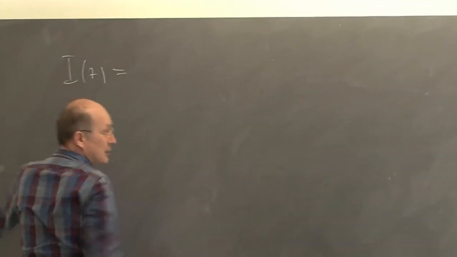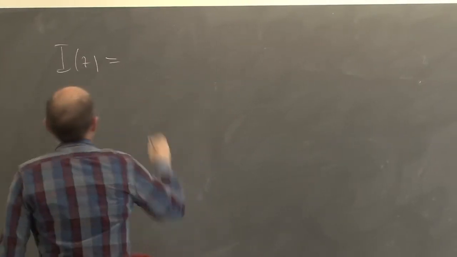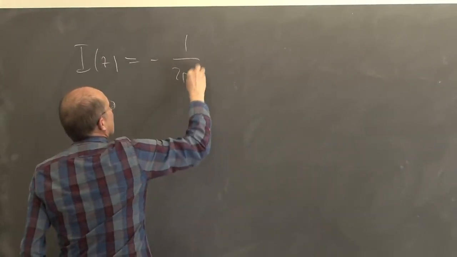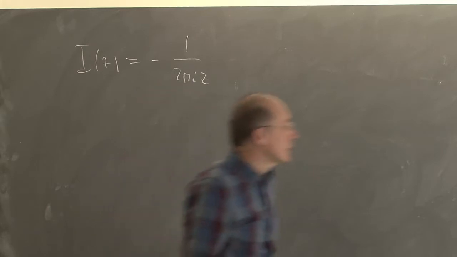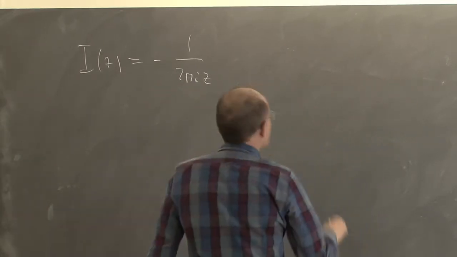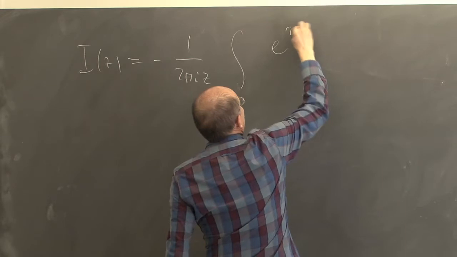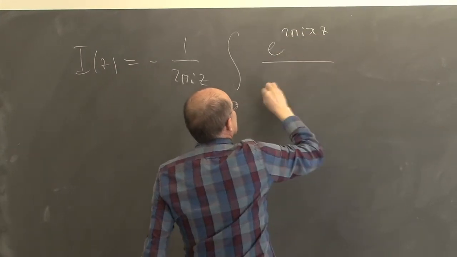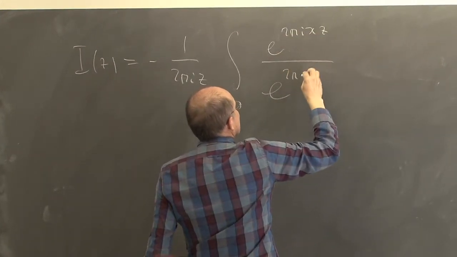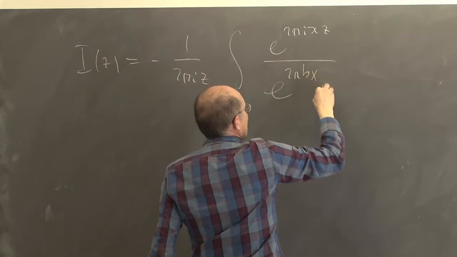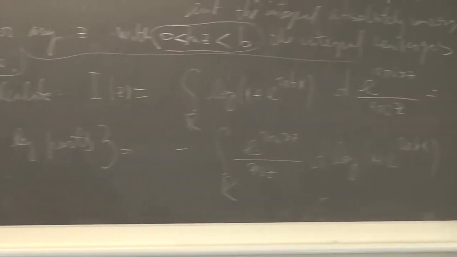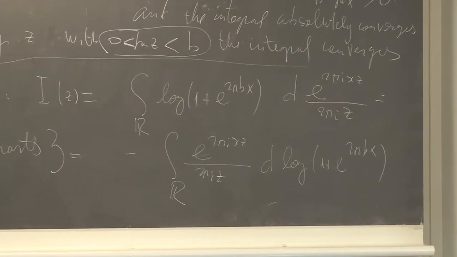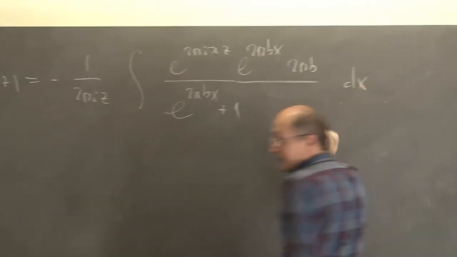So let me just write z equals minus. We can pull out 2 pi i z in the front, which is a constant, integral e^{2 pi i x z} divided by e^{2 pi b x} plus 1. And the derivative of the argument is e^{2 pi b x} times 2 pi b, right, dx.